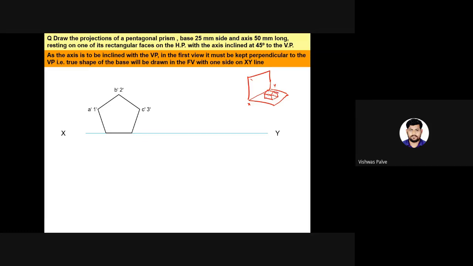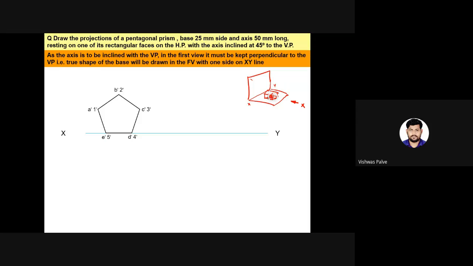I'll just redraw it. We are going to observe it from here, X, and you can see that it is resting on one of its rectangular faces.